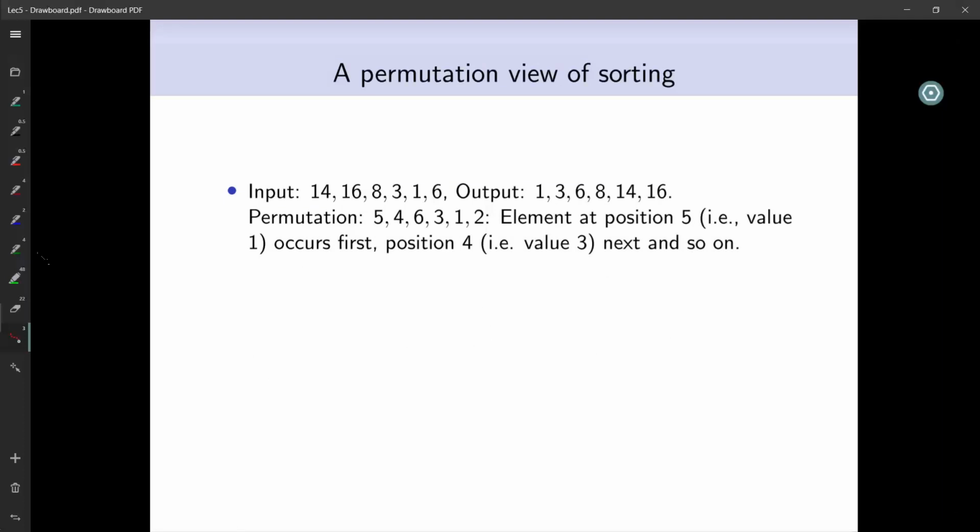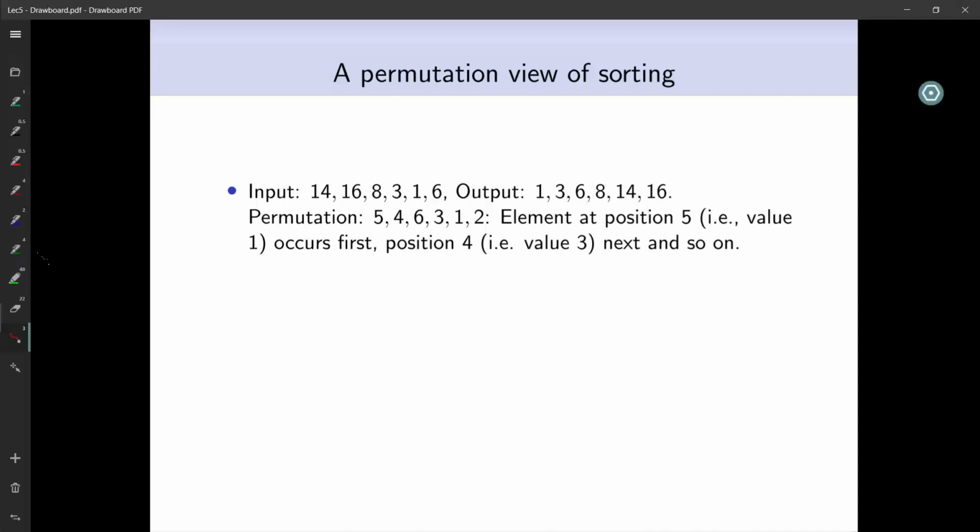Now we are going to take a view which basically tells that any sorting algorithm, what it essentially does, is applying a permutation. So let's take this as input. The input is a 6 element array: 14, 16, 8, 3, 1, 6.